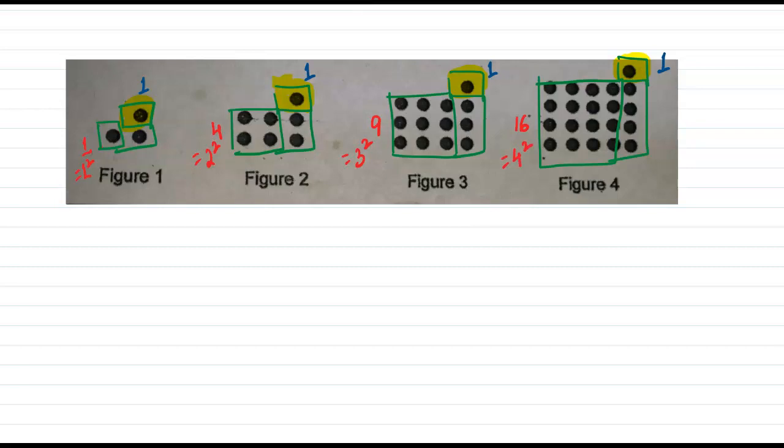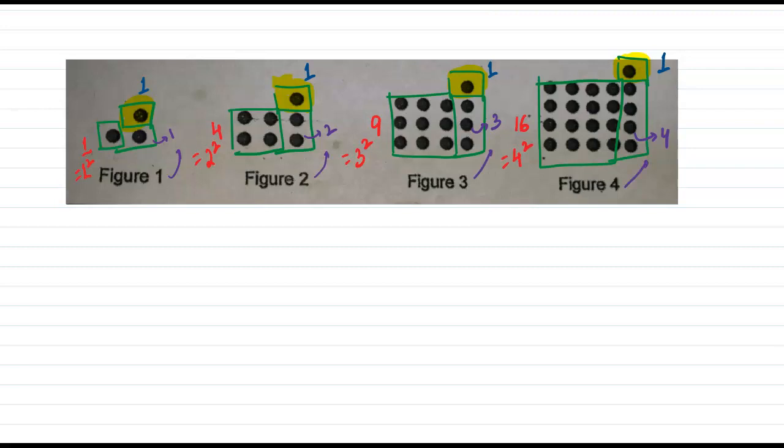And now let's look at the third part. The third part, this is 1, this is 2, this is 3 and this is 4. So just observe, it is the same as the figure number.